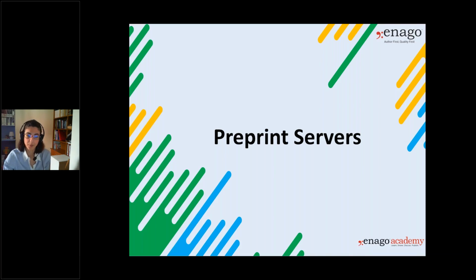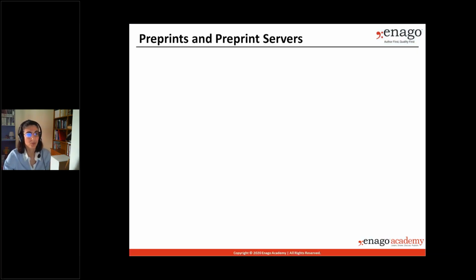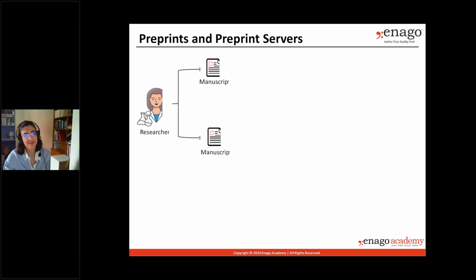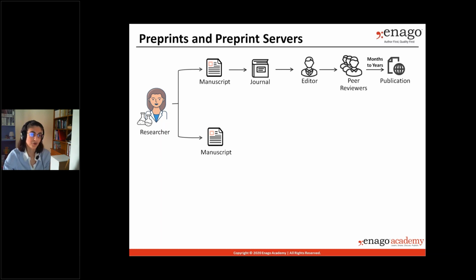Now let's look at preprint servers. What are preprints and preprint servers? As a researcher, at some point you will prepare your manuscript for the sum of the work of a project. So you will be submitting it to a journal. It will be assessed by an editor, sent to peer reviewers, and months or years later, it will be published.